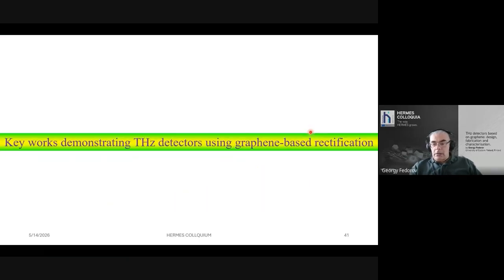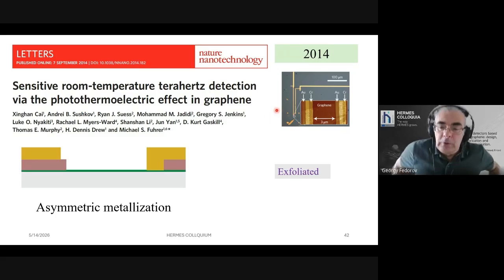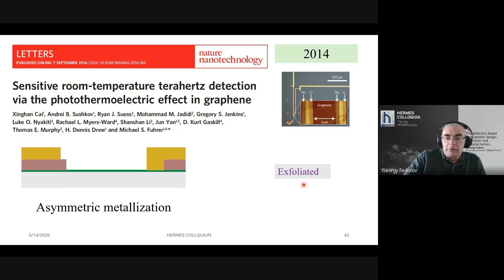Okay, so I come to the main papers related to graphene-based detectors, starting with graphene-based rectification. The work I want to start with was published in 2014 by the group of Michael Furrer, who was at the University of Maryland at that time. They were using exfoliated graphene.